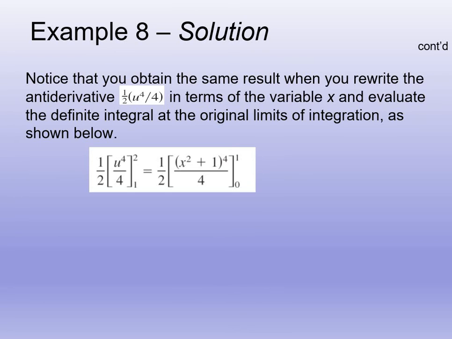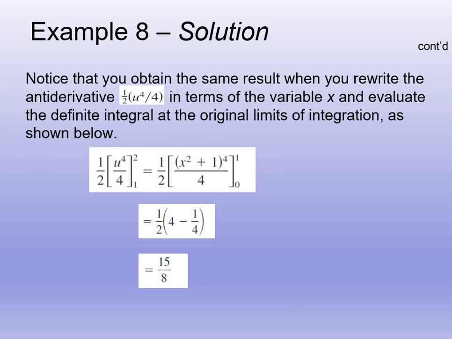We could have done it all in terms of x, and you still could have gotten the same answer, just a lot more work. So u substitution kind of helped us out. You can do it in terms of u, like I just showed on the previous slide, or we could put our x stuff back in for u and use the x limits of integration as well.